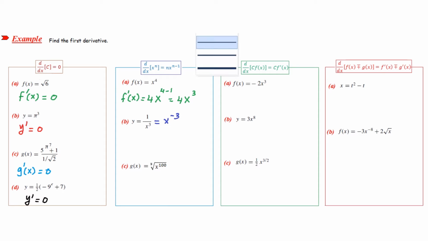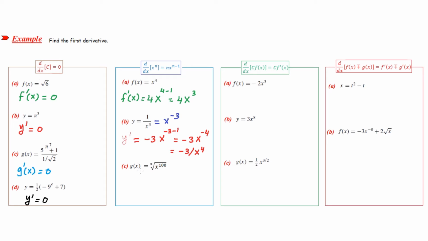After you modify the power, you can find the derivative of this function. y prime equals, put the power down, negative 3, and subtract 1 from the power, so you get minus 3 minus 1, and this equals negative 3x to the power negative 4. And we can write it as negative 3 over x to the power 4.